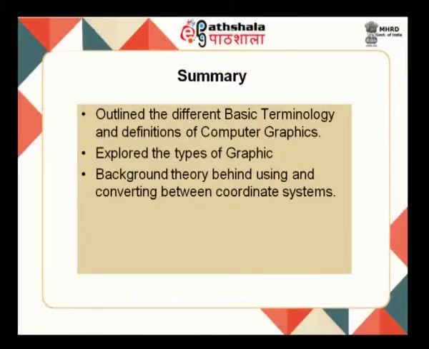So, with this we come to the summary of what we have learned. Let us take a recap of what we have learned today in this session. We have talked about some of the basic terminology, very important as far as graphics is concerned. We have learnt about definitions like pixel resolution, pixel dimensions, resolution, coordinate systems, and the graphics types, raster and vector.